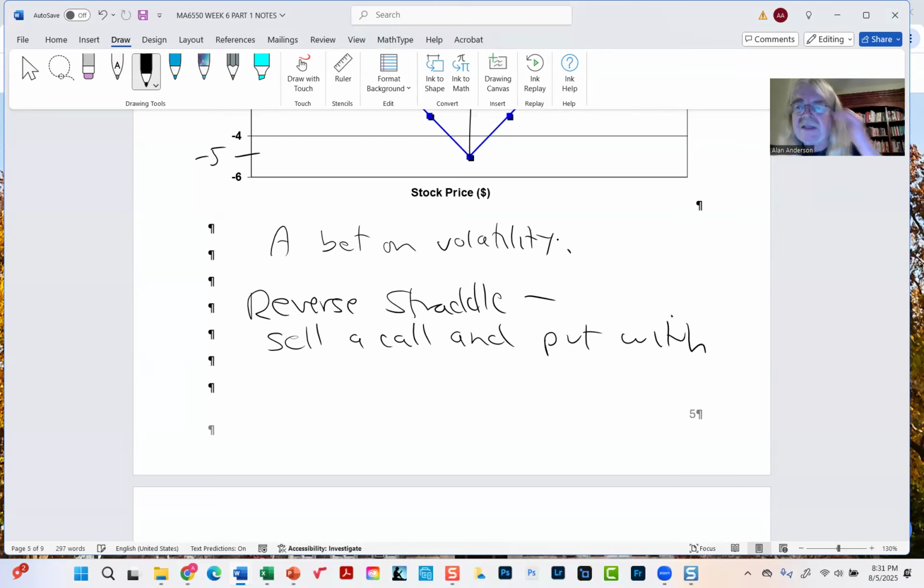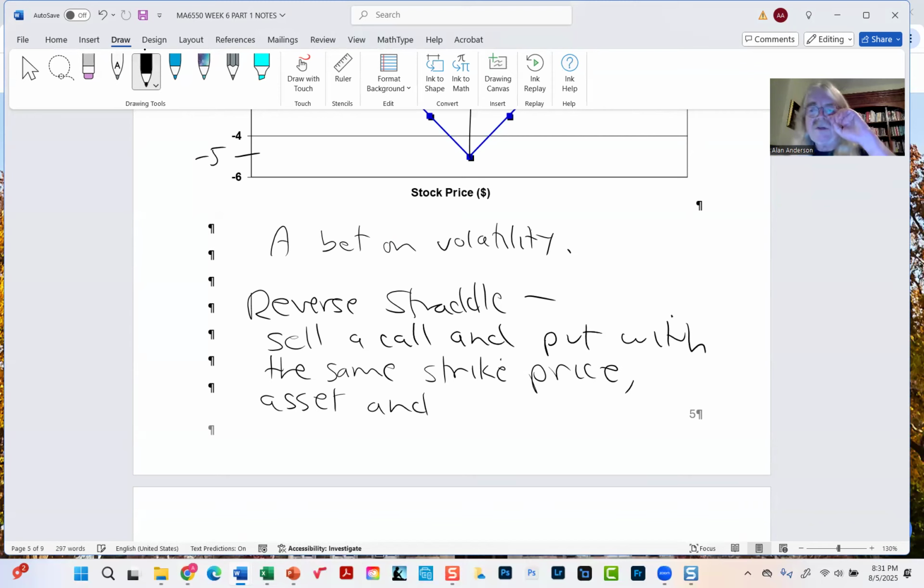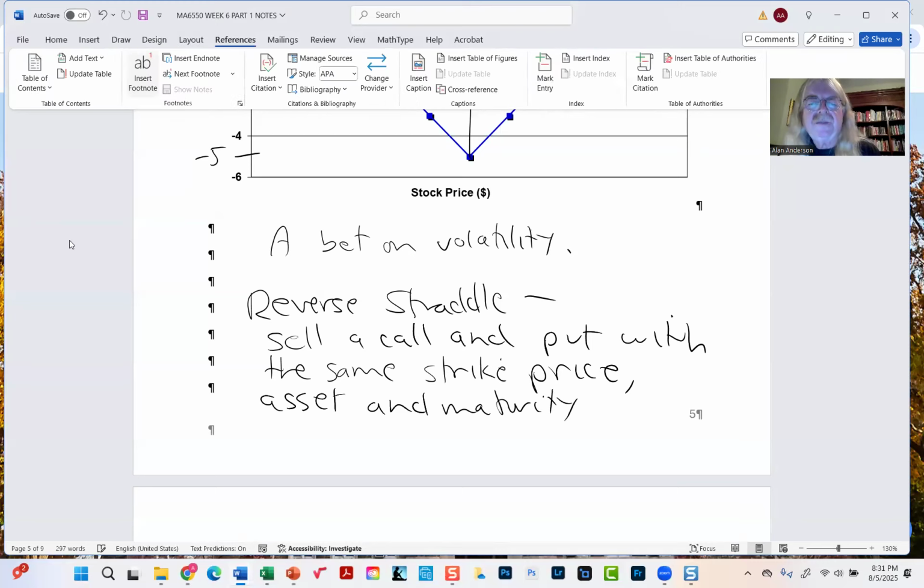And of course, everything's the same again, the same strike price, asset, and maturity. And you could probably also guess by now that you're simply flipping it upside down because you're reversing the two positions.